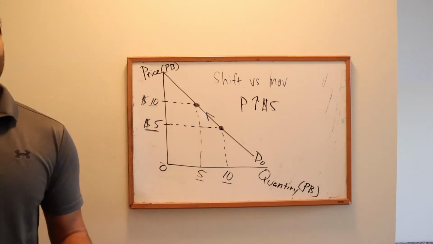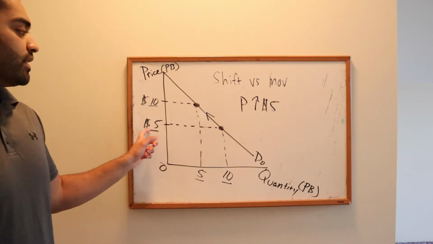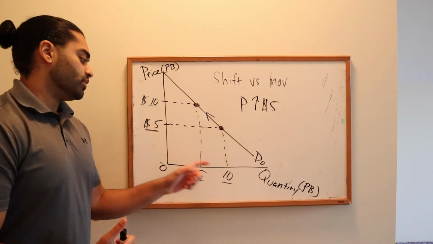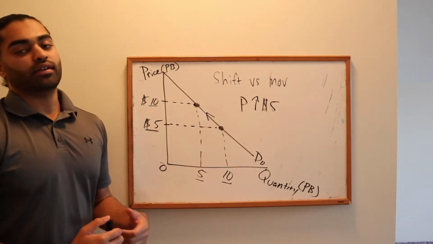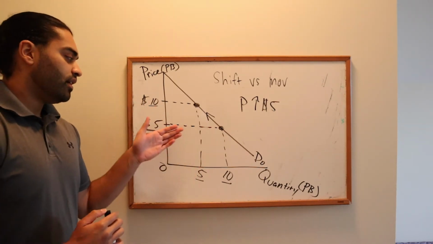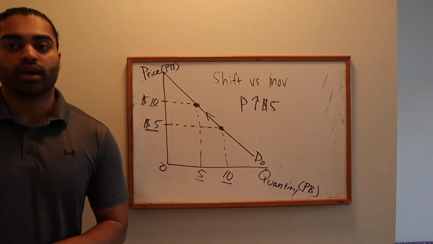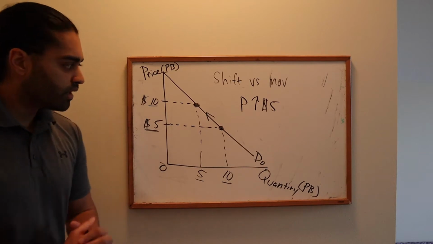Why would our quantity demanded decrease? At each one of these points, this is the quantity we demand at this specific price. So at $5 we want 10, at $10 we want 5. The reason we want less is because the price increased, and the law of demand: the higher the price, the less we want it, the lower the price, the more we want it.